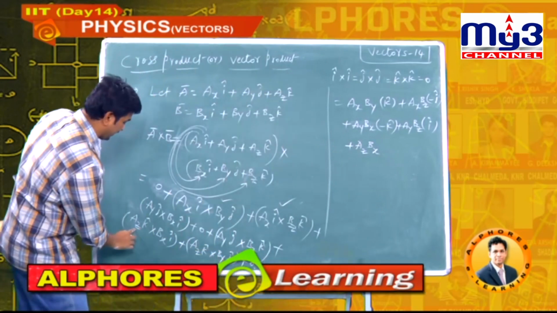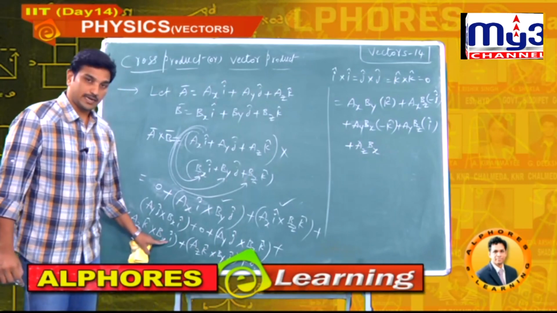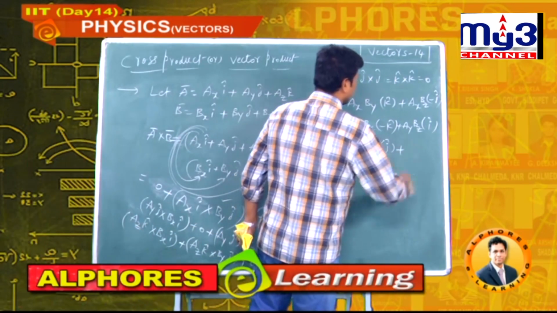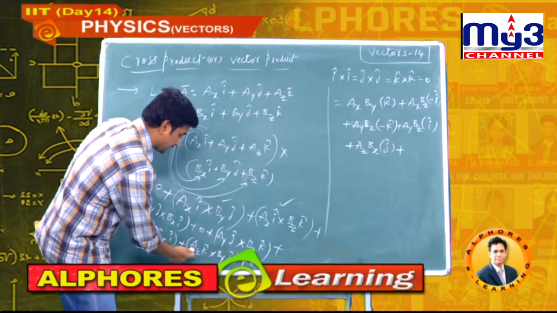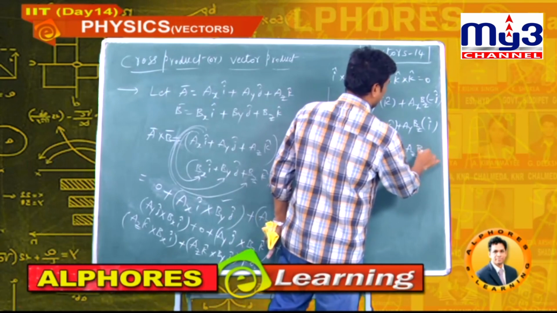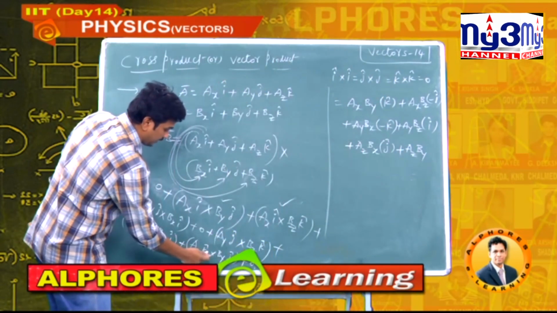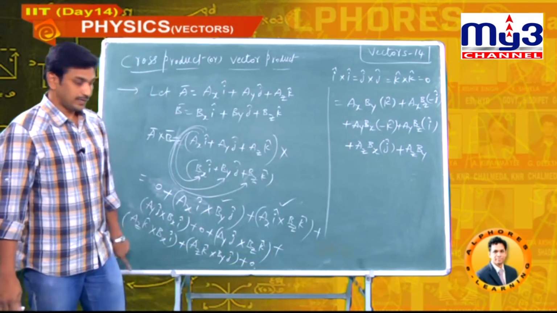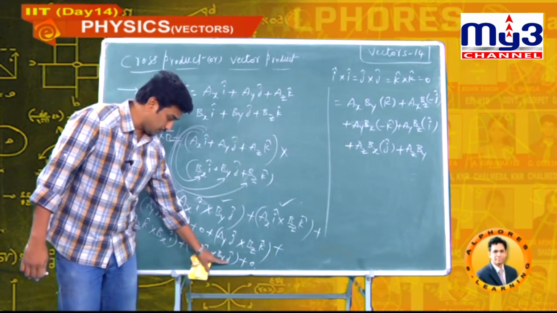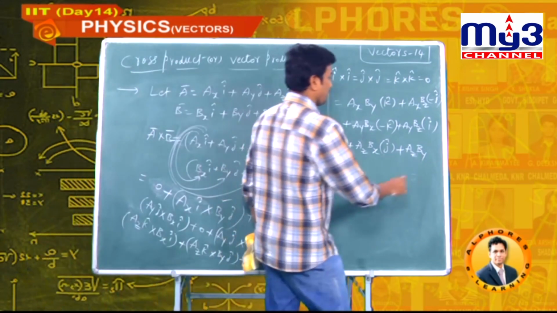After multiplying AZ BX, k cross i. What is the meaning of k cross i? Plus j, plus AZ BY. If you multiply AZ BY, k cross j, what is k cross j? j cross k is i, reverse, k cross j is minus i.